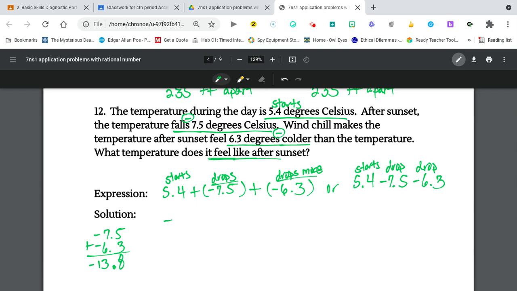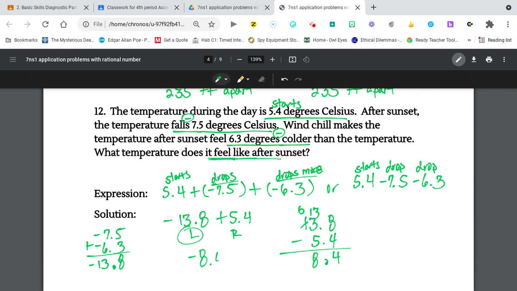Negative 13 8/10. Plus, I know where it started. Okay. So that's left and that's right. I'm going to subtract the two. 13 8/10 minus 5 4/10. Line your decimals up. Going to have to regroup here. And it's more to the left, or it feels colder than the temperature it started off being, which is 5.4. So I'm going to say that it feels like it's negative 8.4 degrees Celsius. That's what it feels like.